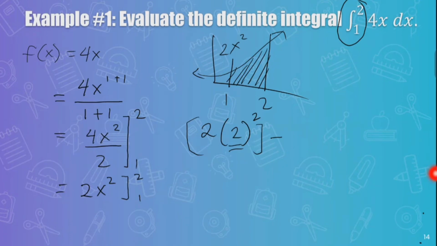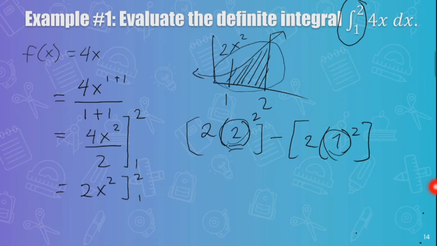So, nakuha nating antiderivative. 2 times 1 squared. Okay? Again, this one is the upper limit. This one is the lower limit. Sinabstitute po natin siya sa parehas na nakuha nating antiderivative. Then, isusubtract natin para makuha po natin yung area.